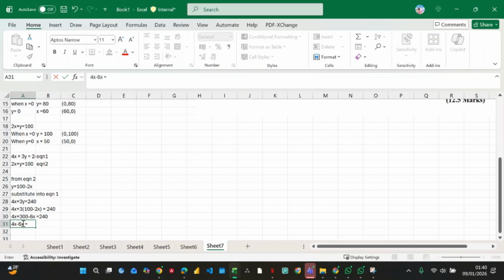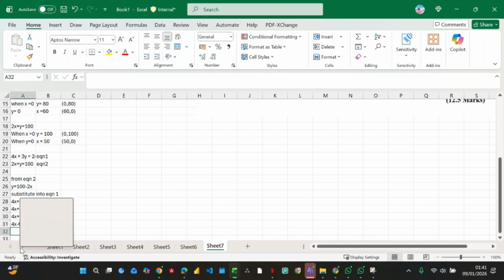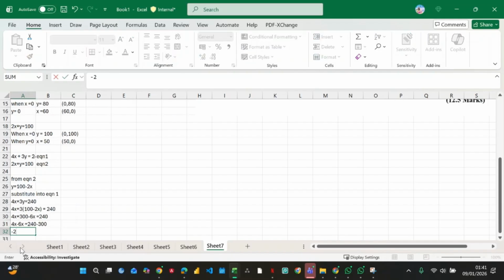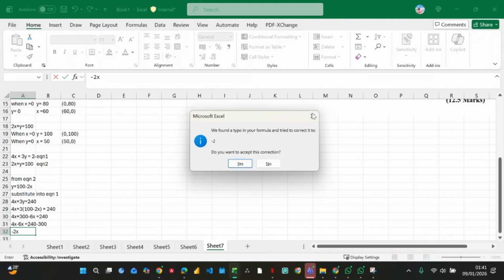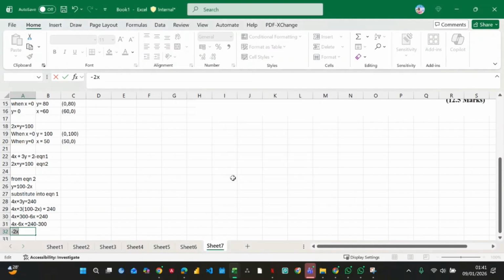Taking everything to this side, we have minus 2x equals 240 minus 300.